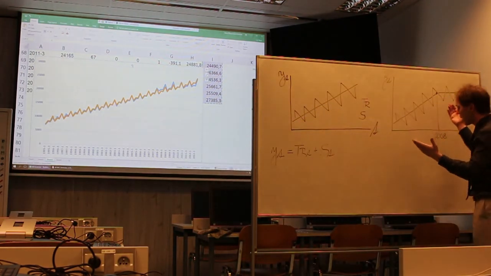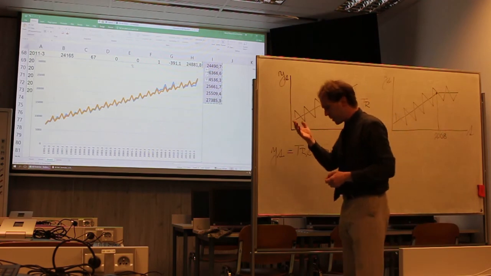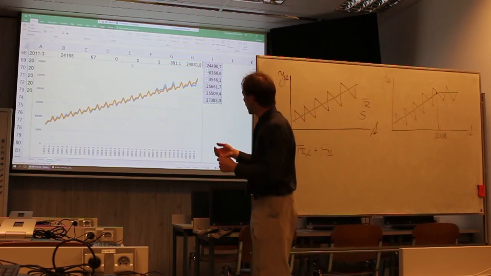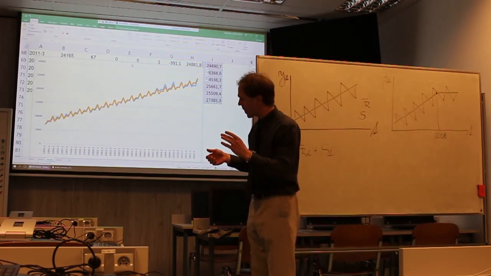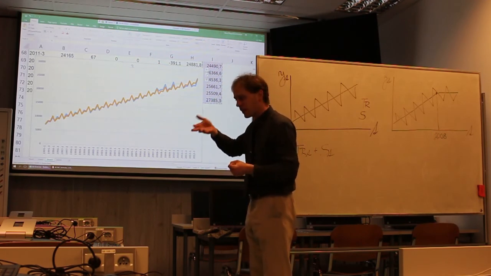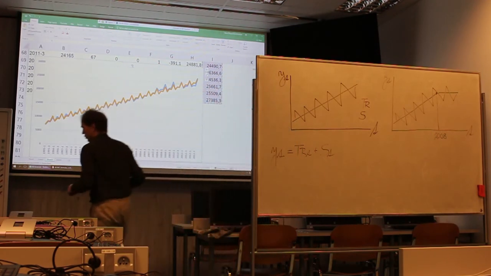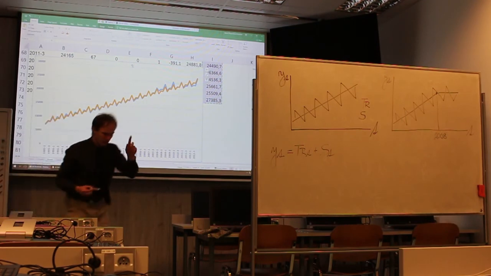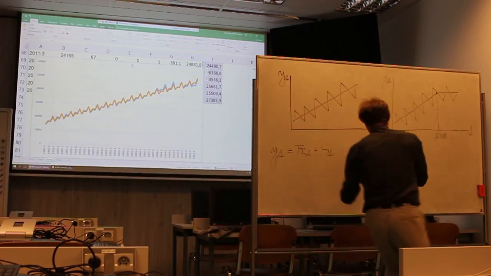So in this situation, it will be better to use a parabolic trend instead of a linear trend, the quadratic regression function. Do you remember the quadratic regression function?